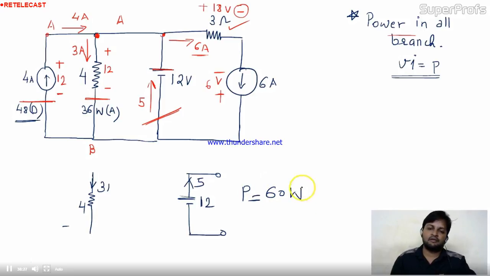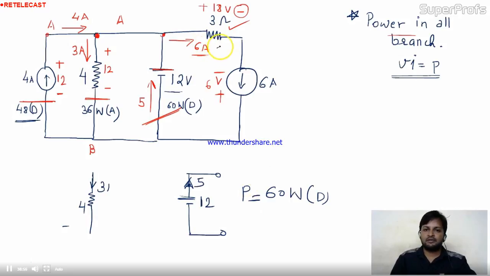But what about delivered or absorbed power? I told you the direction of current from the source is outward. This current is the outgoing current, meaning this source is delivering current to the circuit. It means it's delivering energy to the circuit. So it is always delivered power. So the power over here is 60 watt delivered power. I hope this one is also clear.